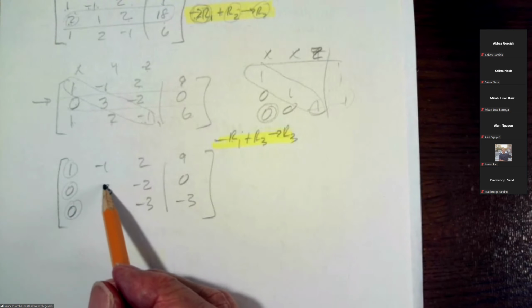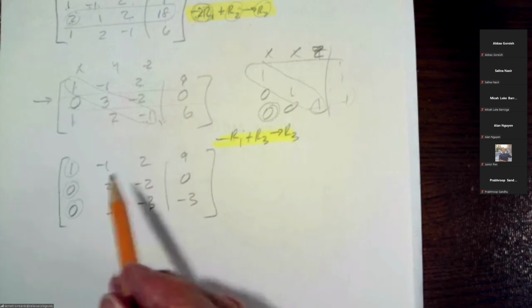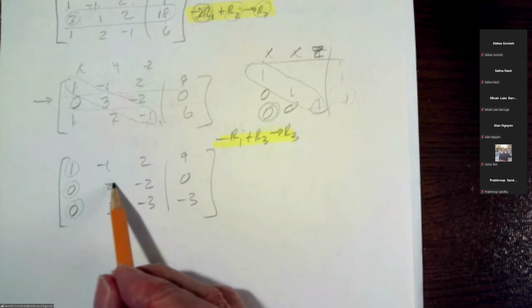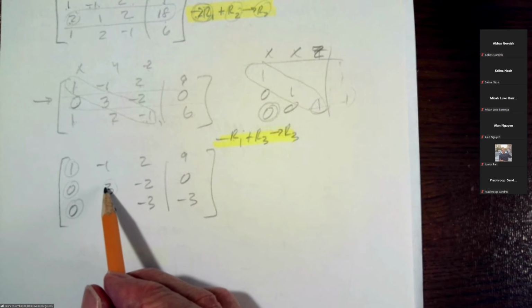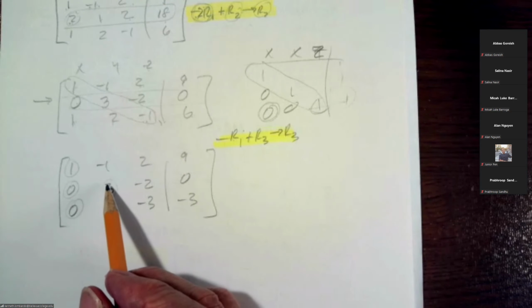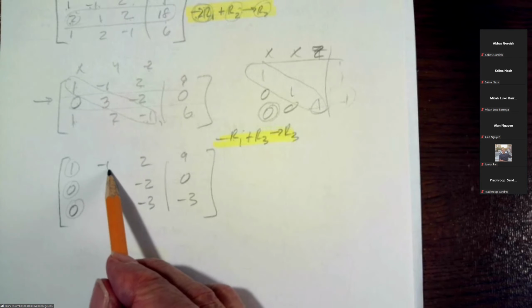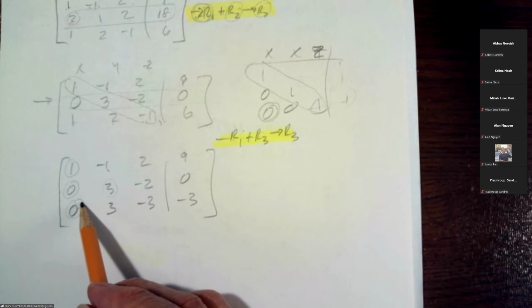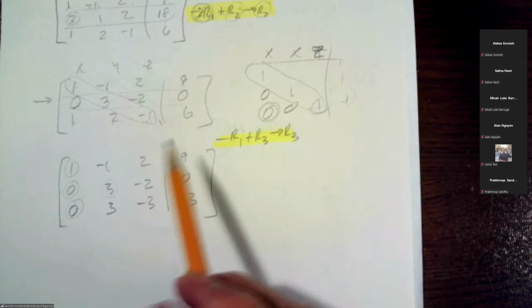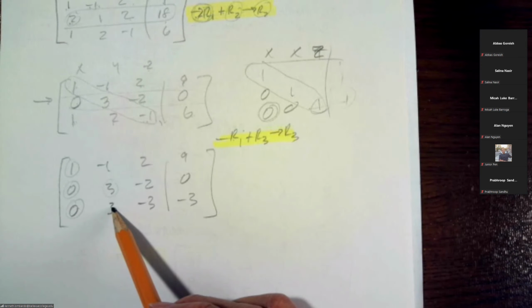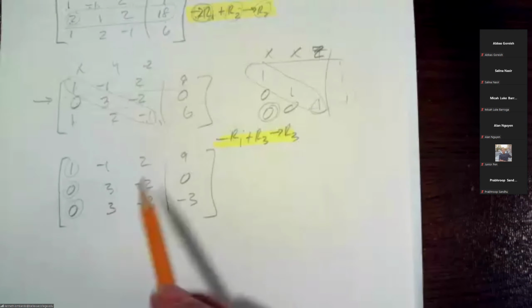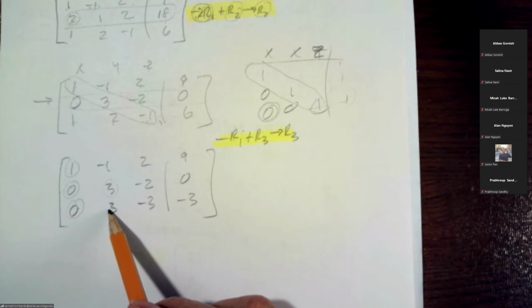The next thing I'm going to try and do is see what I can do to get a 1 here. What operations do I have to do to get a 1 here? There's a couple of things I could do.